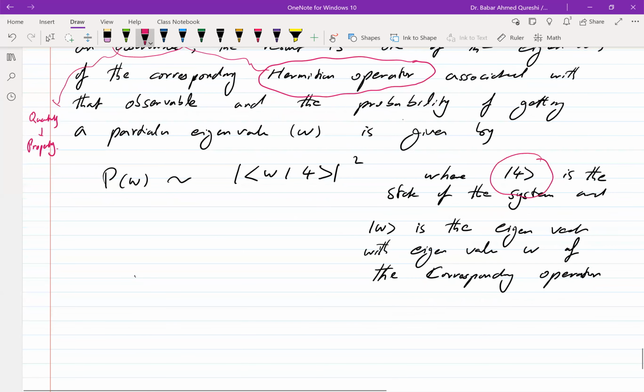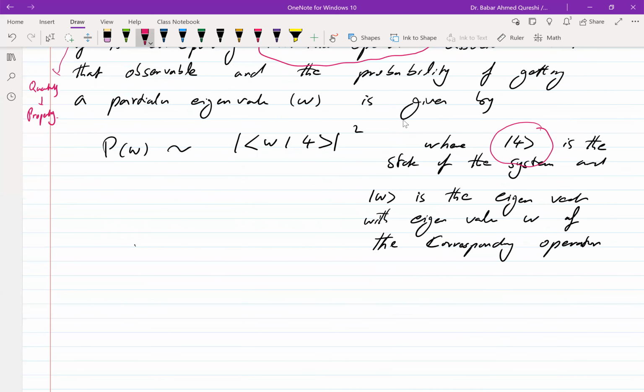So suppose you want to find the quantity Q, whatever this quantity is. With this would be associated a Hermitian operator. Now we haven't discussed how to associate a Hermitian operator to a quantity. How do we decide which Hermitian operator describes which quantity?